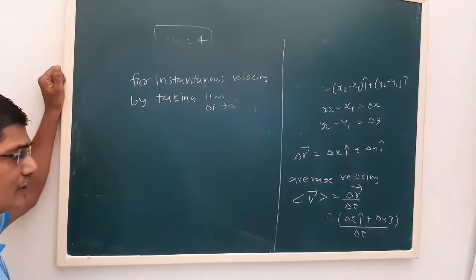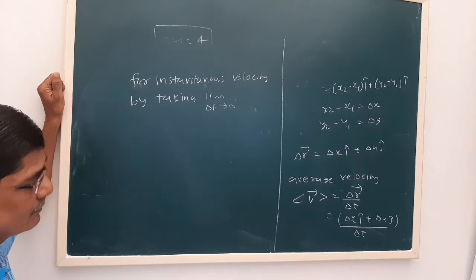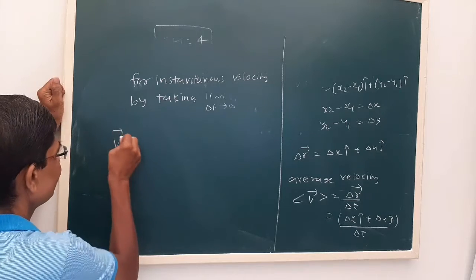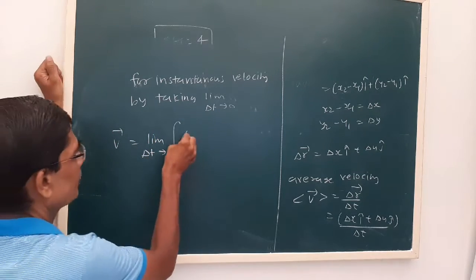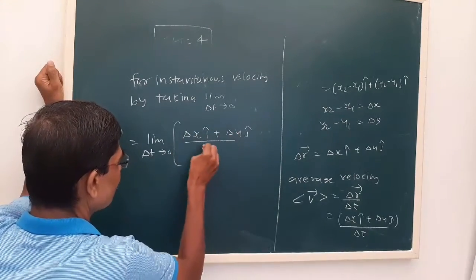Now for instantaneous velocity, we have to take the limit delta t tends to 0. That is differentiation, known to us. So v is equal to limit delta t tends to 0 of delta x i caret plus delta y j caret upon delta t.